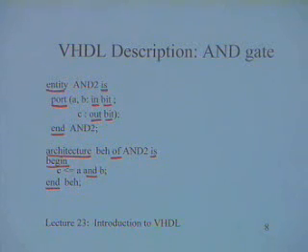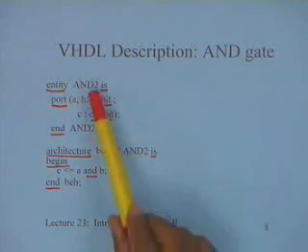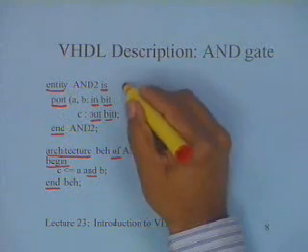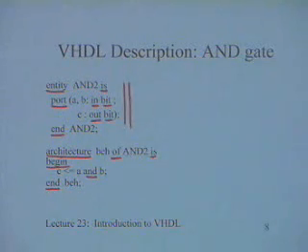Okay, so in this case I have this entity declared, and this is the one that I referred to as the interface declaration.